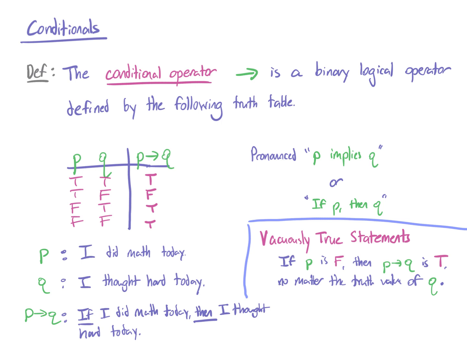Everyone knows discrete math is fun, but unicorns don't exist, unfortunately. The first part, sometimes called the antecedent of that implication, is false. From a false antecedent, no matter what the consequent, the second part of the implication, is, the result is always true. This is called vacuous truth. If P is false, then P implies Q is always true, no matter what Q is.